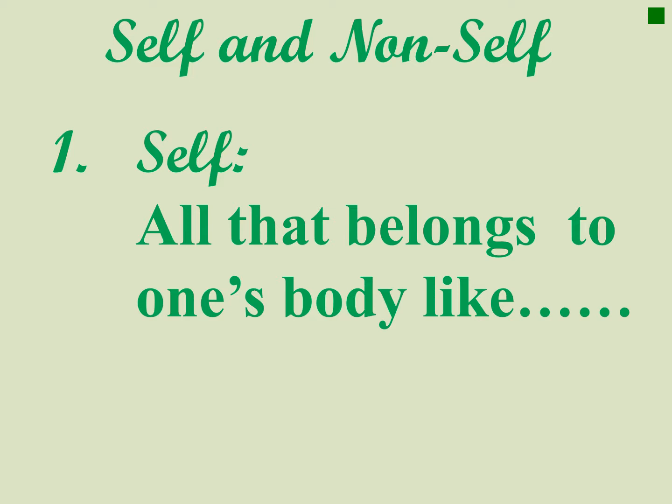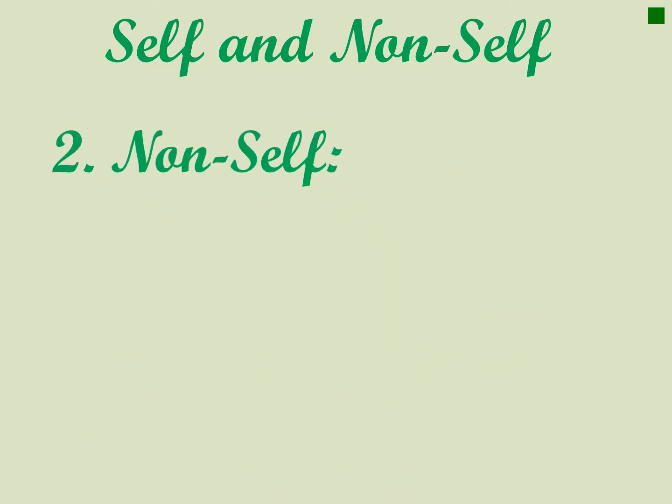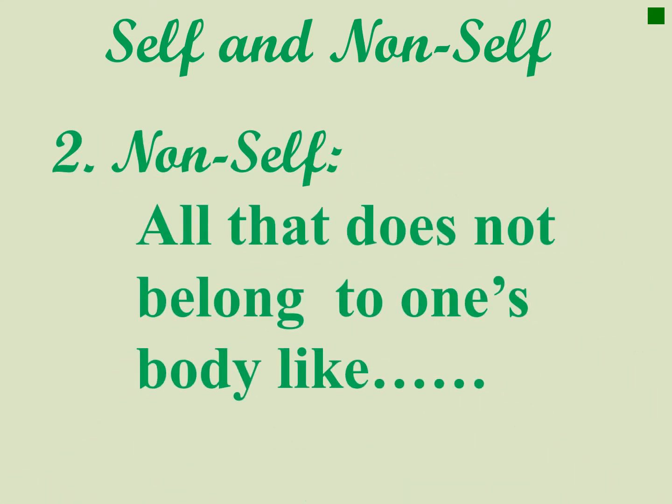Self is all that belongs to one's body, like my hand, my leg, my nose, my eye, my skin, and so on. While what is the non-self? Non-self, also at the simplest definition, is all that doesn't belong to one's body, like your friend's hand, your friend's skin, your friend's leg, your friend's muscle cell, and so on.